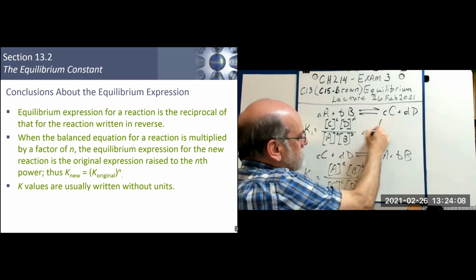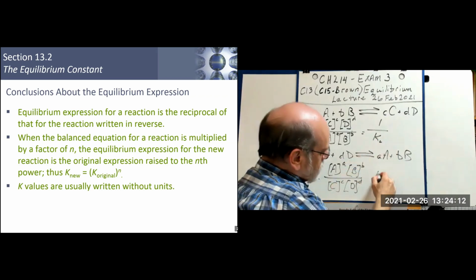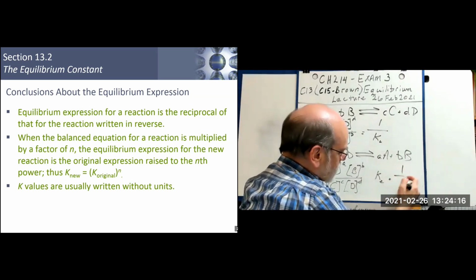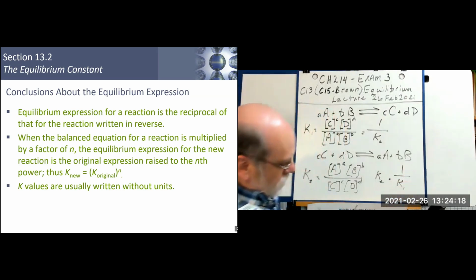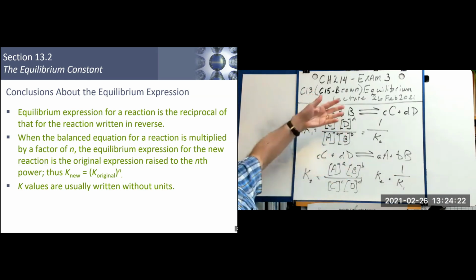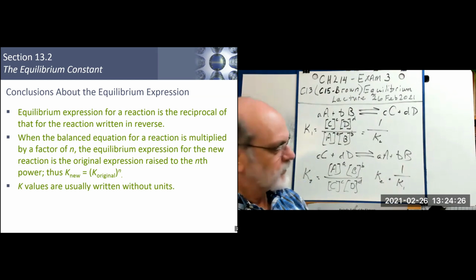It would be like this. Or if you wanted K2, you want to study this reaction, you just say that's equal to the reciprocal of K1, right? Because we've just flipped it like that. Okay, very simple.